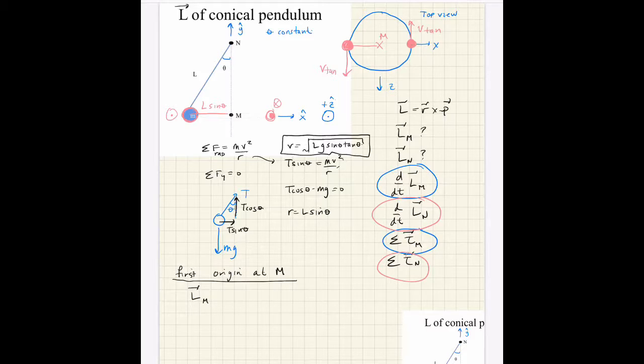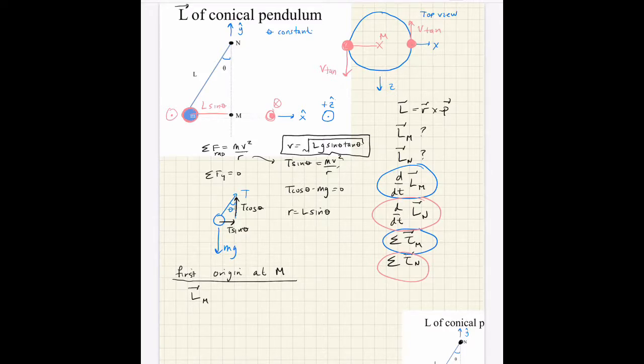My r vector will then point from M to the location of the point mass. So this is r sub M currently. This is going to differ from when I look at r sub N, when I have N as my origin, right? Because when I have N as my origin, my position vector will look like this, right? It's a little bit different.